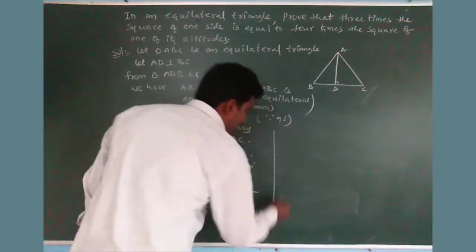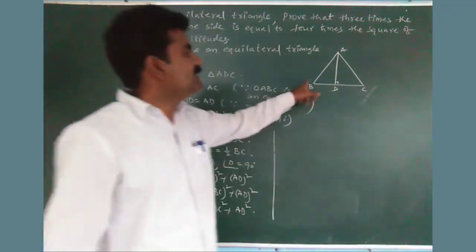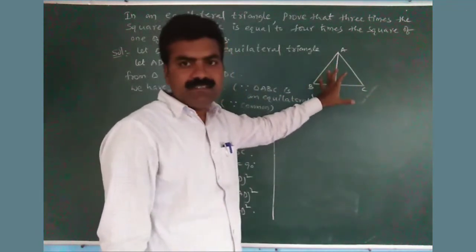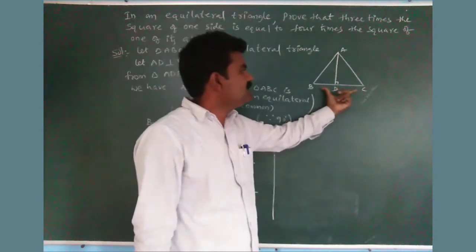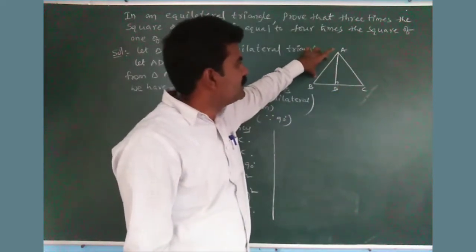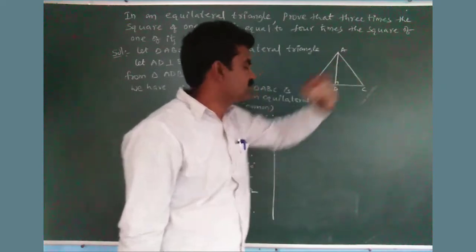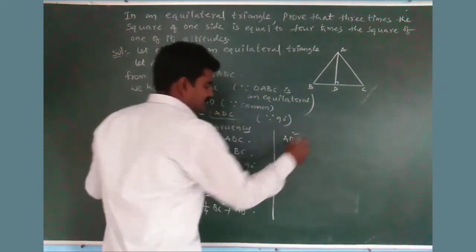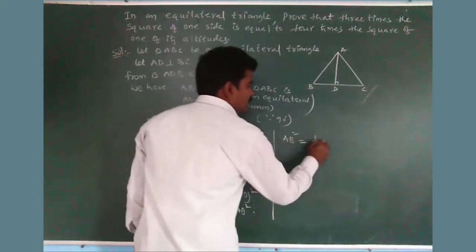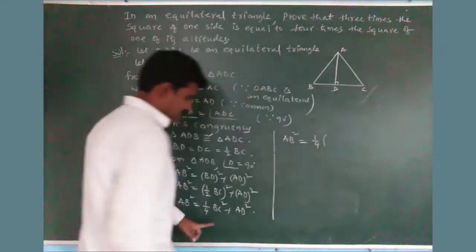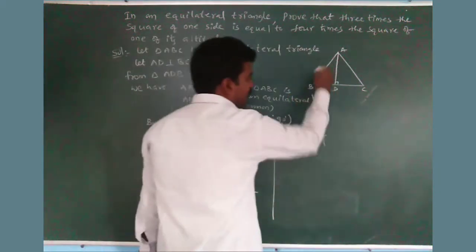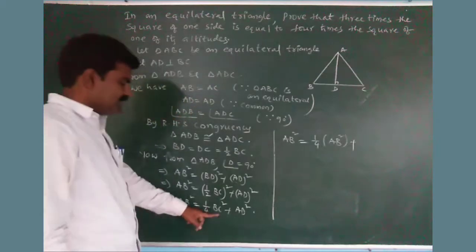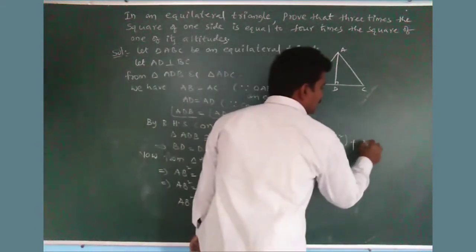The coming step, my dear: since triangle ABC is equilateral, all sides are equal. I mean BC is equal to AB, also equal to AC. So I write AB square is equal to 1 by 4 into AB square, plus AD square.